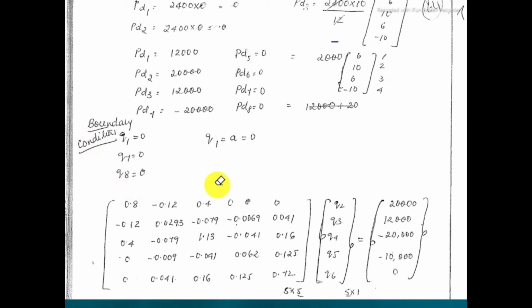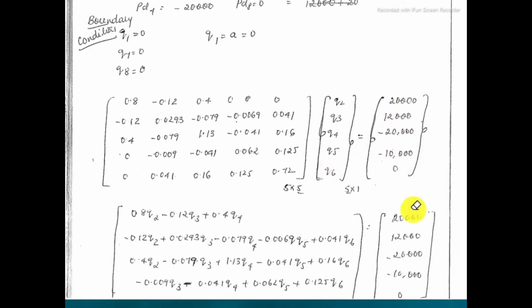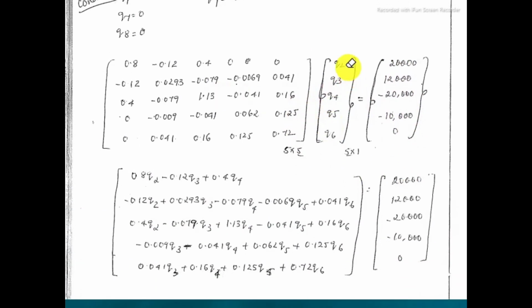Now after elimination you will have this matrix, and these are the displacements and these are the forces. Here you can see there are 5 unknown displacements.